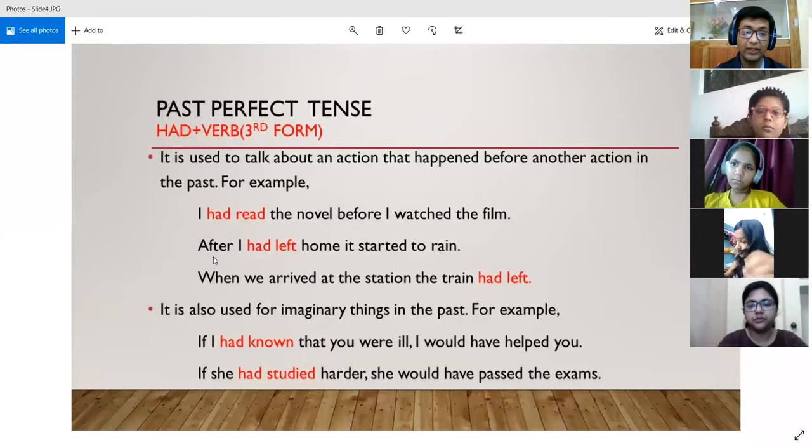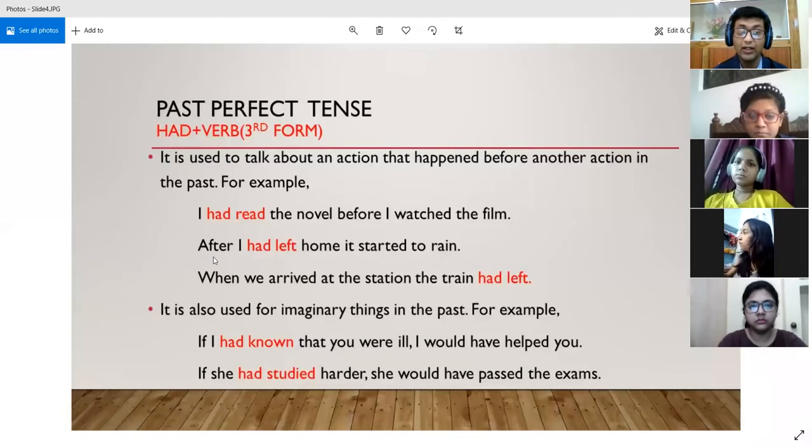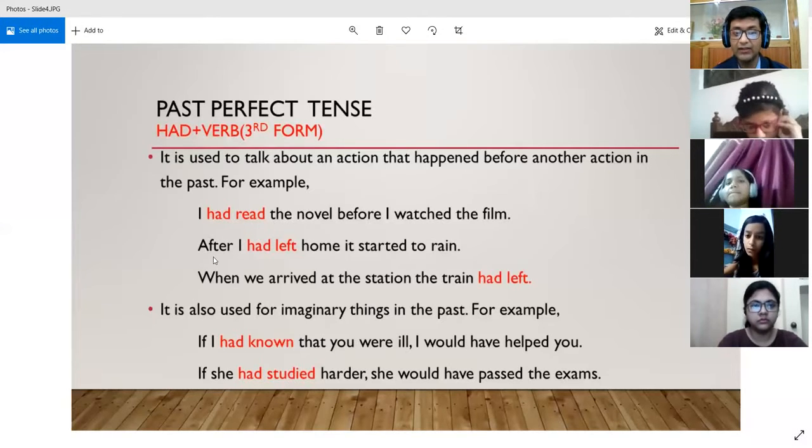Now if you see the second example, after I had left home it started to rain. In this case also, you see that two actions are happening in the past. The first activity is leaving home, and the second activity is rain starting.